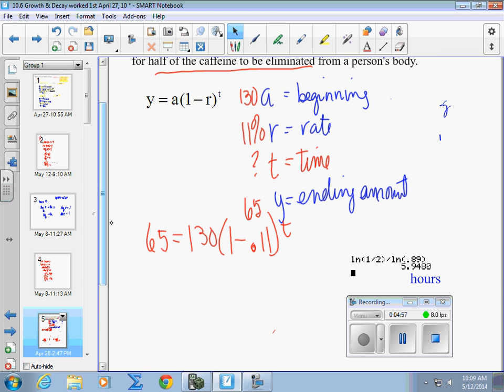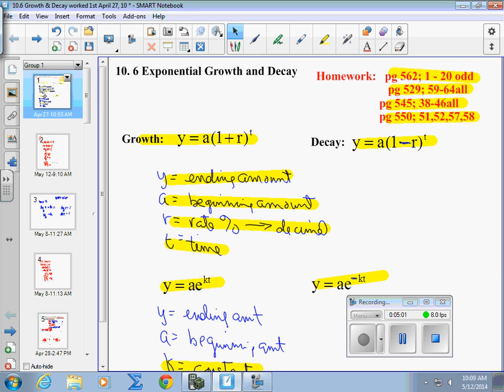Now I would like to go back and look at the equations we just looked at. On the first formula, we have y is equal to a times 1 plus r raised to the t. There are no e's in the formula. But on the second equation, you see where you have y is equal to a e raised to the kt. There's an e in the formula. If there's an e in the formula, you have to use LN.